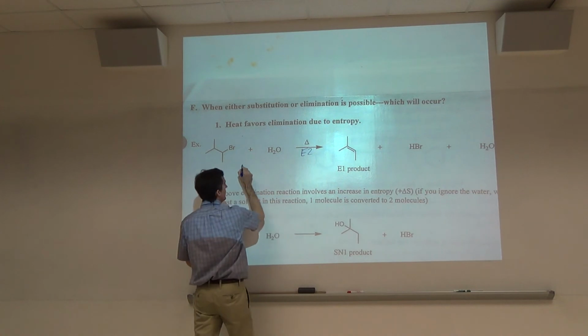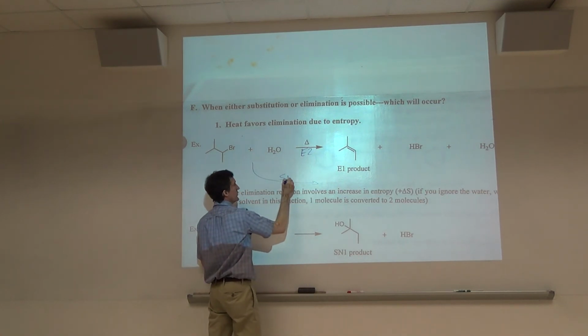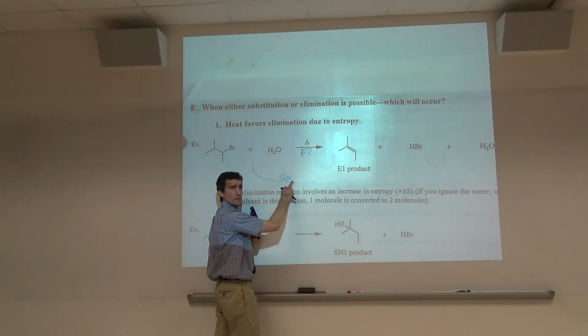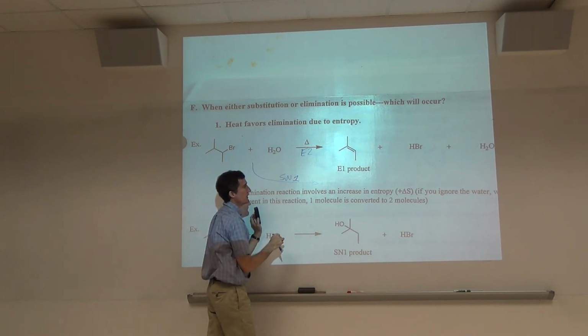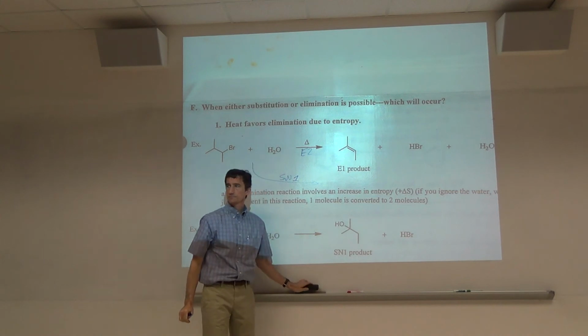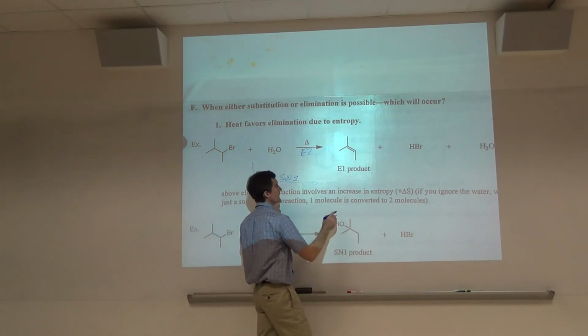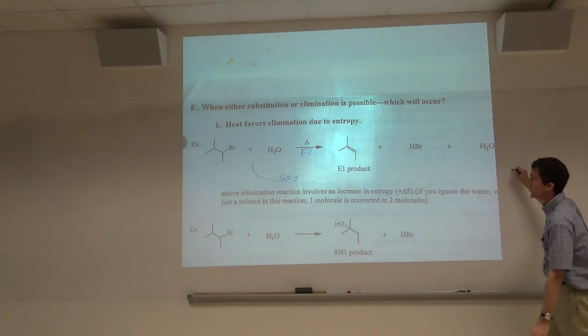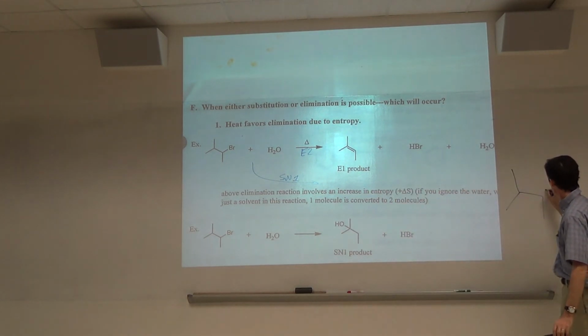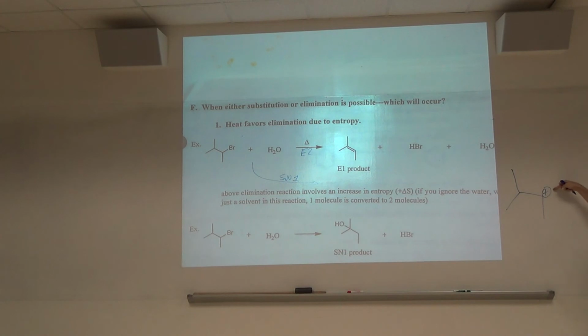E2. What if you were asked to show a substitution product? First off, it would be SN1 or SN2. SN1, because we've got the big nucleophile. What would the SN1 product look like? Well, we're making a cation. Rearrange. Water could add here, but it probably rearranges, wouldn't it? So you're saying that that's a better cation?